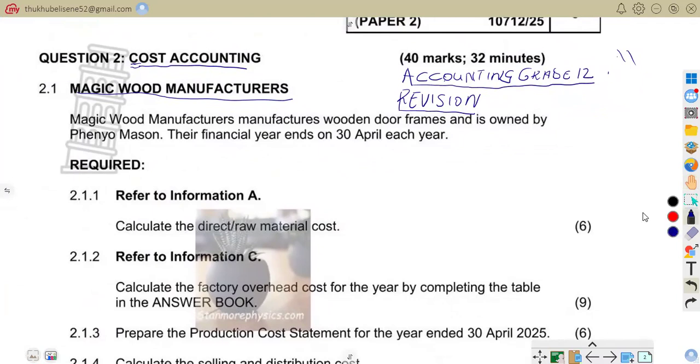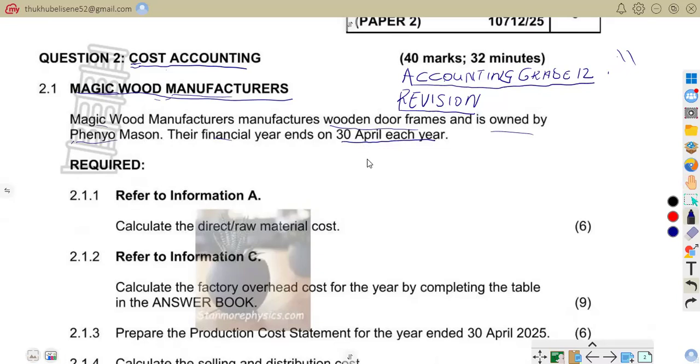So it says Major Good manufactures wooden door frames, and it is owned by Peyon Mason. So their financial year end is 30 April each year.